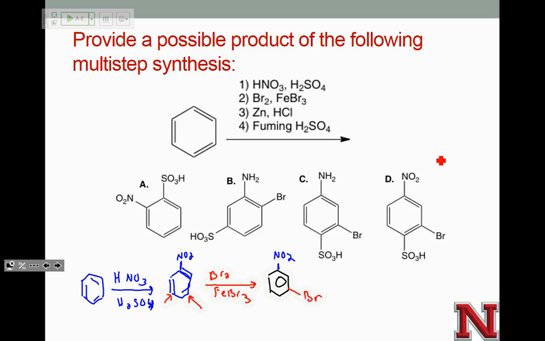Now we are reducing it with zinc and HCl, so that will reduce our NO2 to our amine. And our last step, we're adding our SO3H.